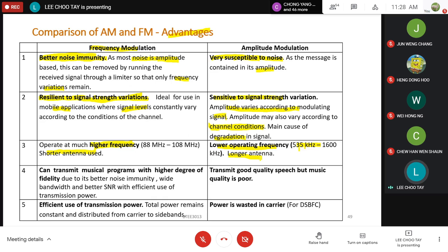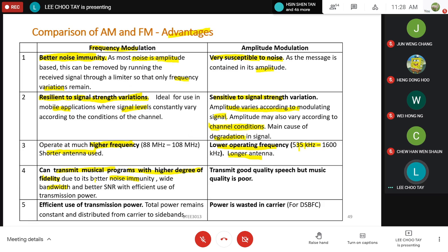Moving on to the fourth advantage, an FM signal can transmit musical programs with a high degree of fidelity. High fidelity means the signal contains more frequency components. Again, this is because of its immunity to noise and the wide bandwidth.